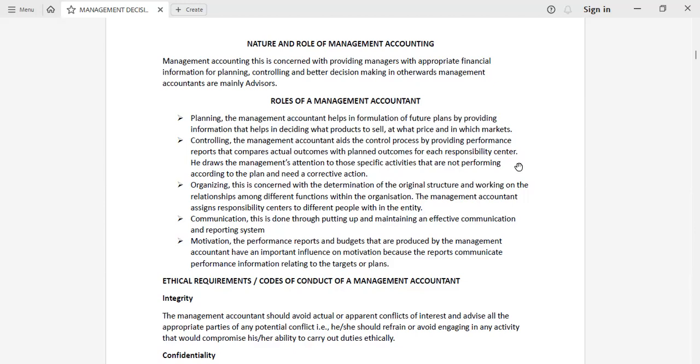So that's basically what we can look at as far as the roles of the management accountant are concerned. So let's try to look at the ethical requirements of the codes of conduct.